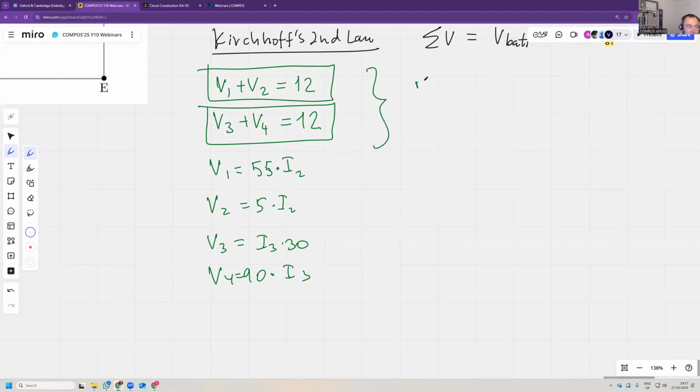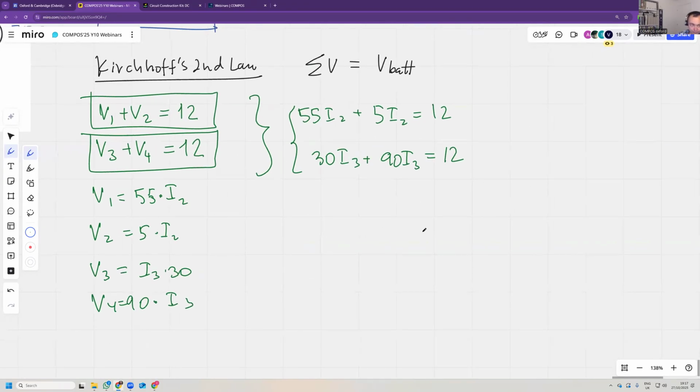Okay, so let's rewrite these equations. V1 plus V2, so 55I2 plus 5I2 is equal to 12. And 30I3 plus 90I3 is 12. Lovely.